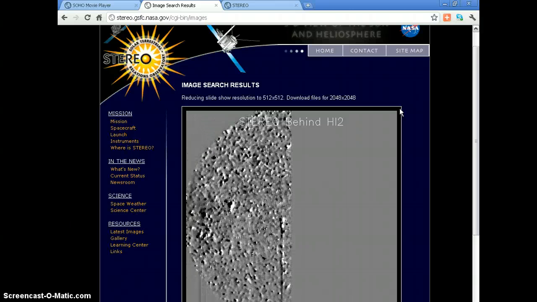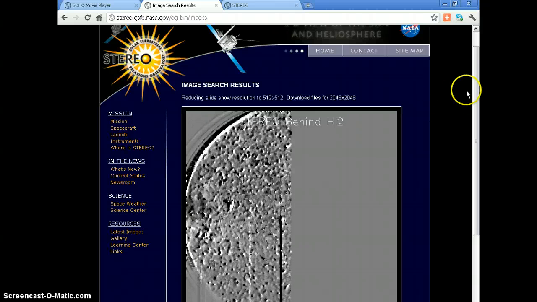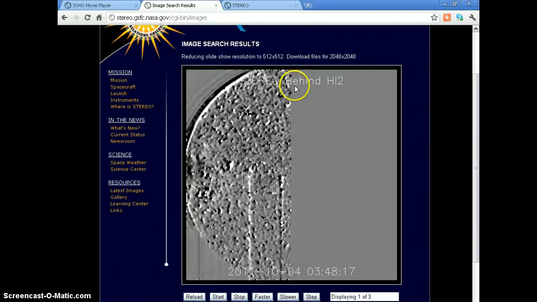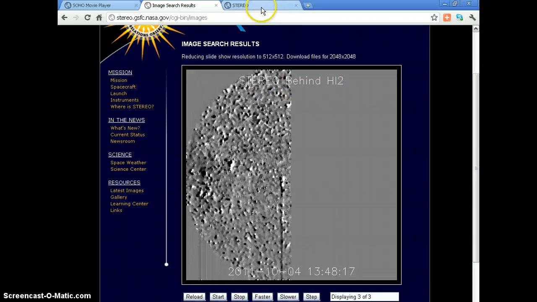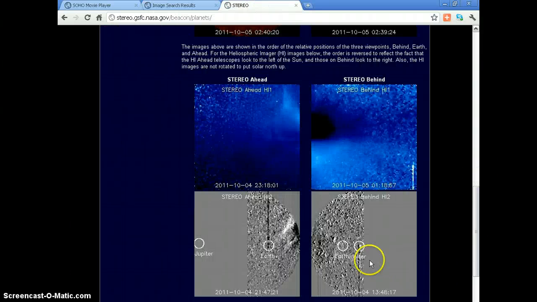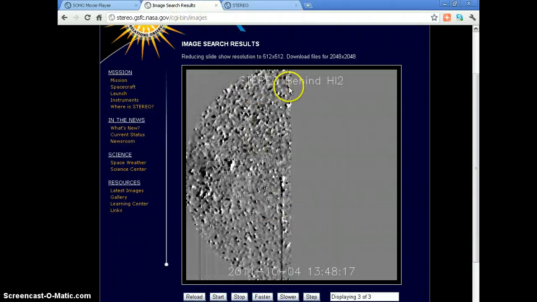Hope you're doing well. What we have in front of us here is STEREO Behind 2, and what I'm looking at here is Jupiter and Earth, and these objects coming in. Actually, we're looking at STEREO Ahead 2.